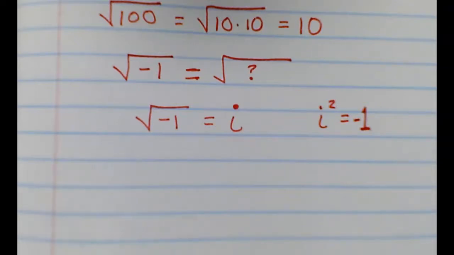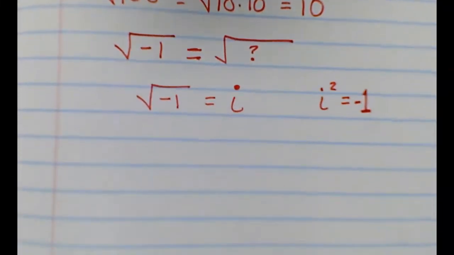And they have the same rules that all the rest of our numbers have. And these numbers can have a real part and an imaginary part, and just like any other number, you add like terms together. If you still have some difficulty with that, I have tutoring after school today.